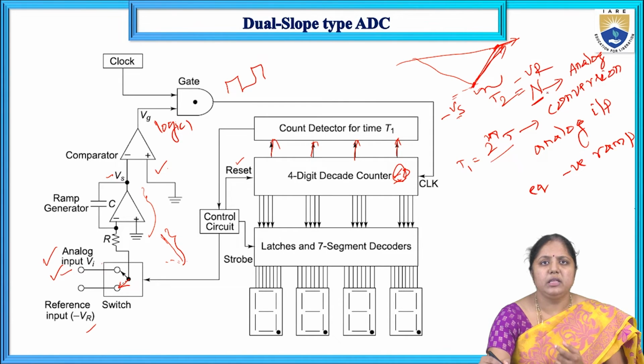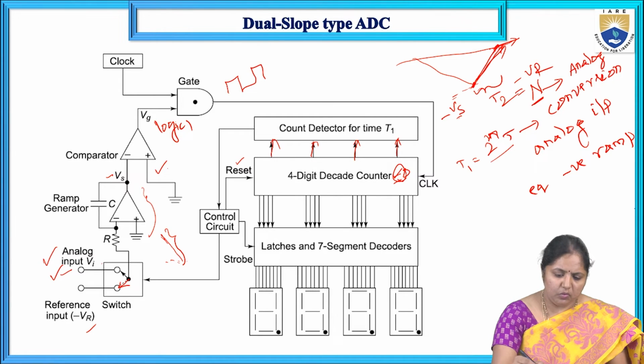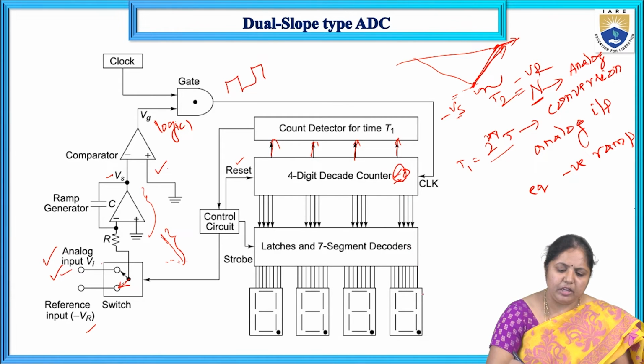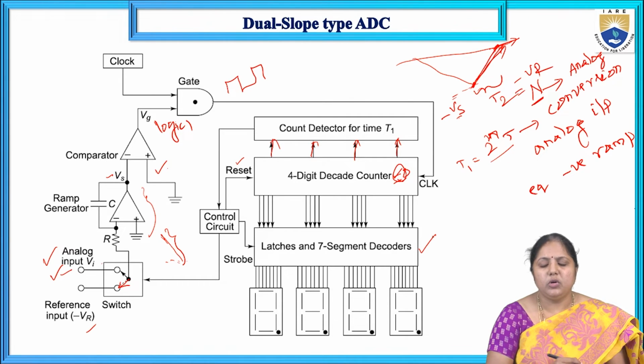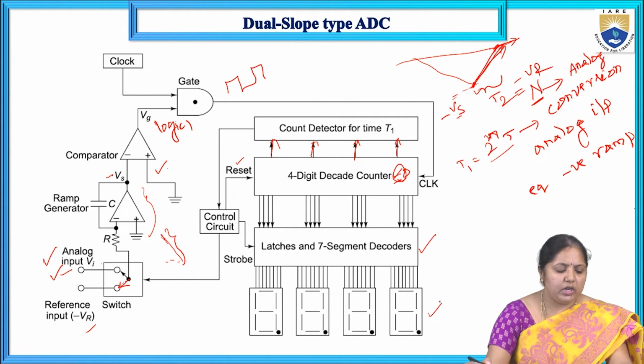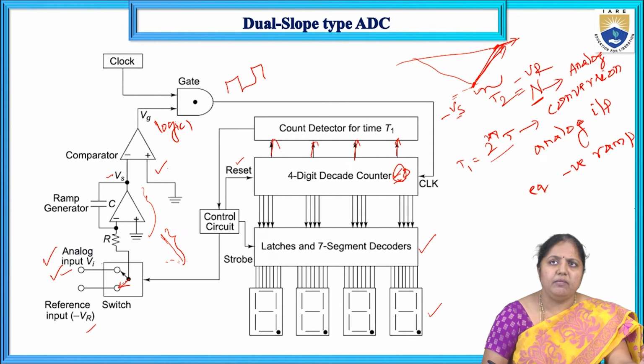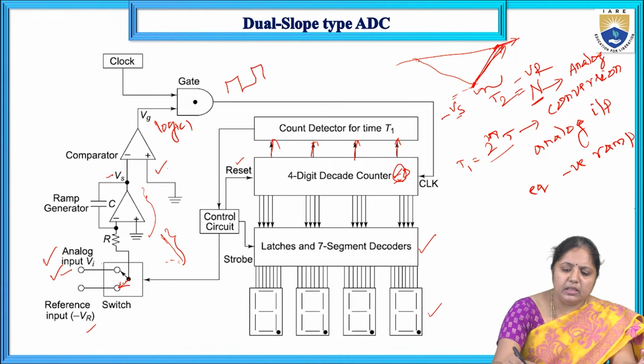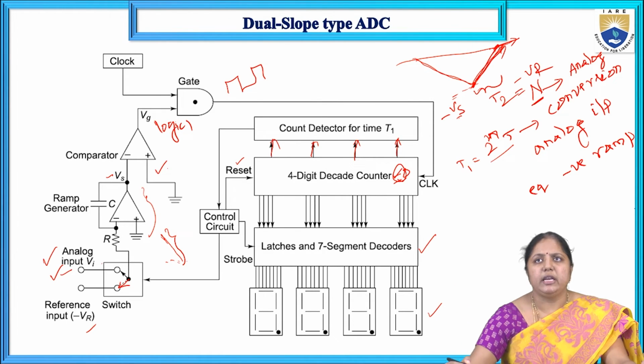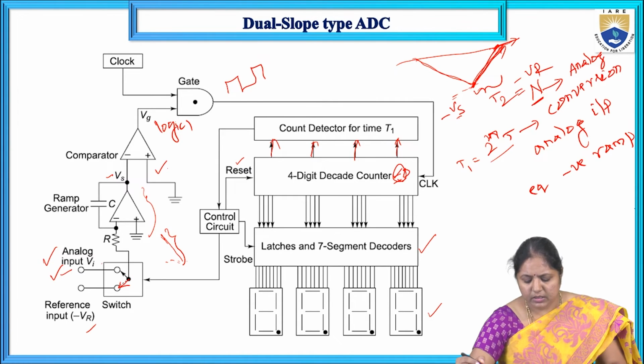That n signifies the equivalent digital value for the analog input signal. Whatever that n is will be given as the input to the 7-segment decoder, which gives the equivalent binary value. Like this, we get two slope curves for the dual slope type of ADC.